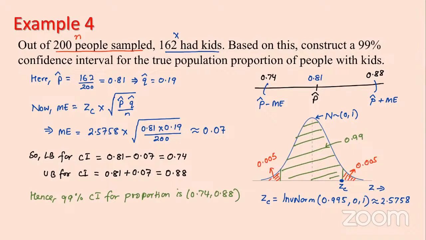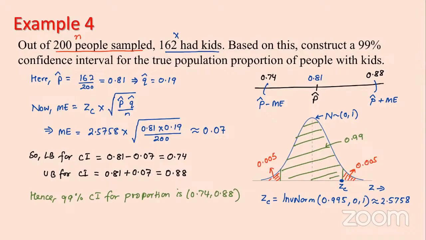But if you want to find the confidence interval for mean, then you have to be a little careful here. You have to check whether the population standard deviation is given or not.